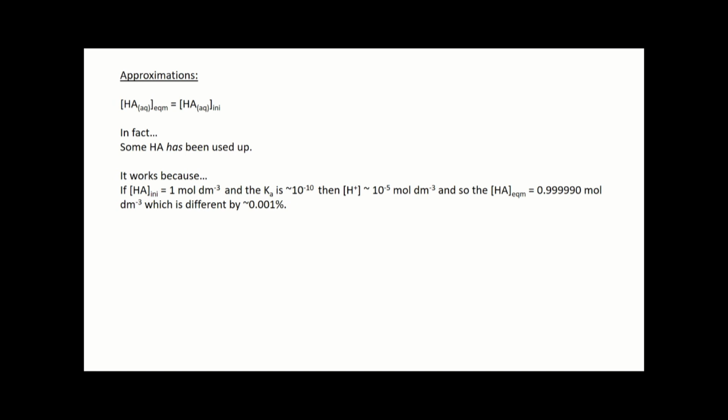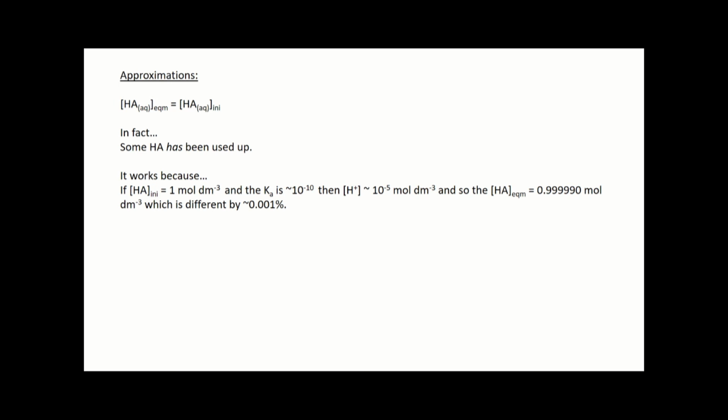So when you write that to 3 or 4 significant figures, you end up with the same number as before, with the HA initial and the HA equilibrium effectively the same until you get down to 1, 2, 3, 4, 5 decimal places. And that's a tiny percentage error, and that's okay. We don't mind that at all.